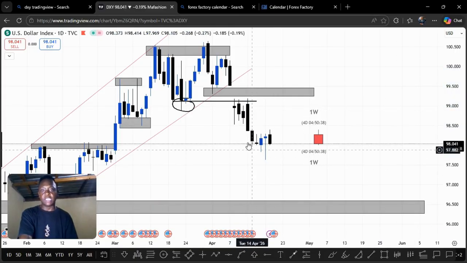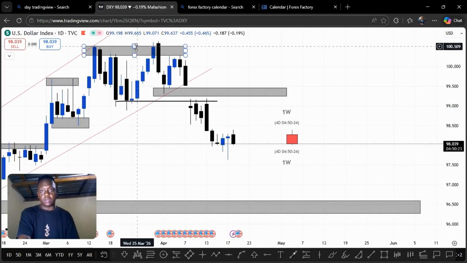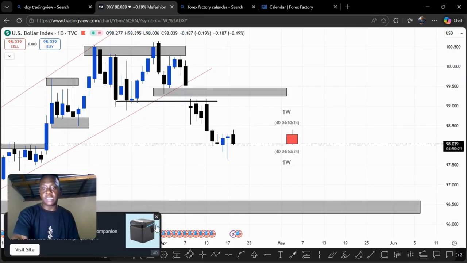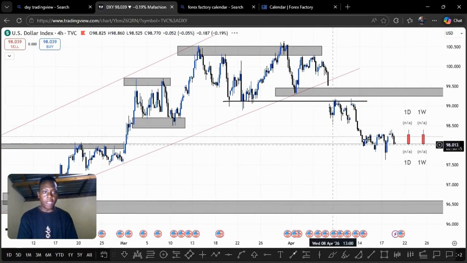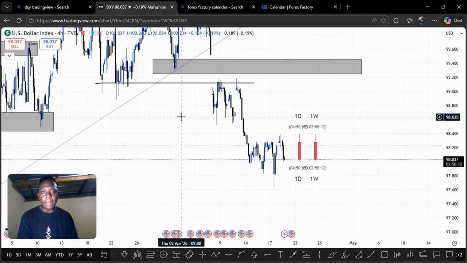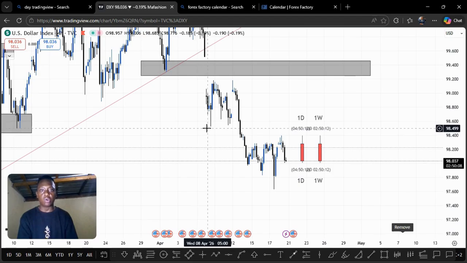So the market has changed the direction. Since it changed the direction, I'm going to go to 4 hours and try to look at my entries, my target, and my stop loss.